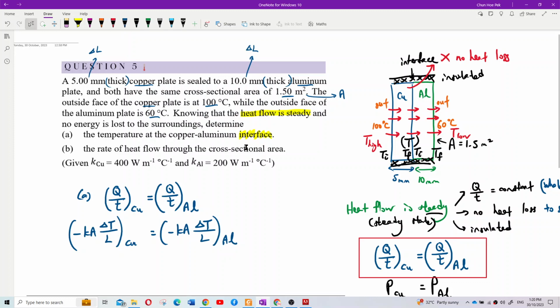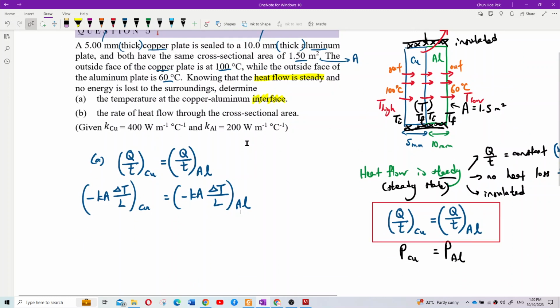Now the area is the same, so we can cut off the area. Negative also no more. So here we have k for copper, k for aluminium, so we can substitute.